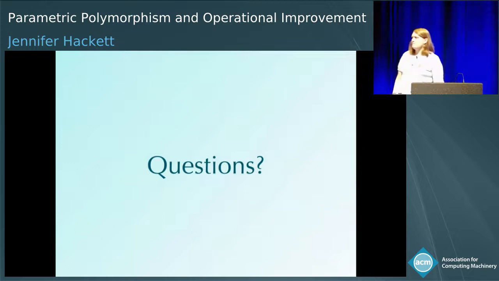The first question, the most popular, from an anonymous ICFP attendee: How difficult is it to consider improvement in the presence of laziness? How difficult is it? Well, I wouldn't want to consider it without laziness, because if you're just working in a strict language, then you don't need it.